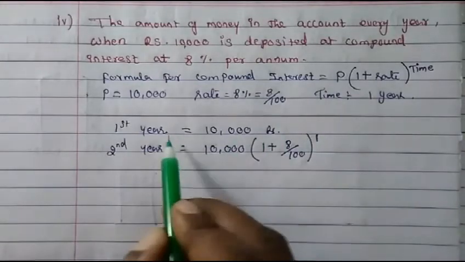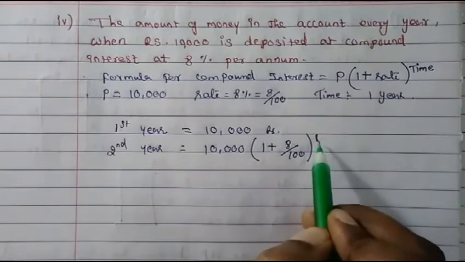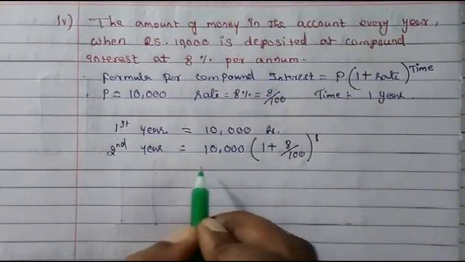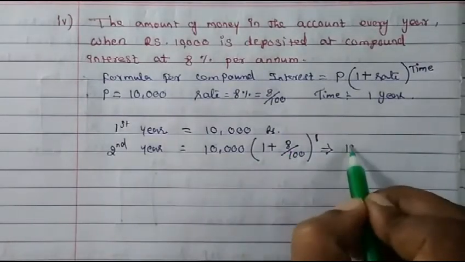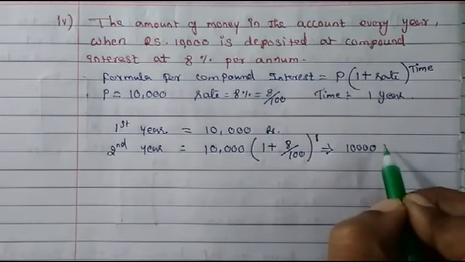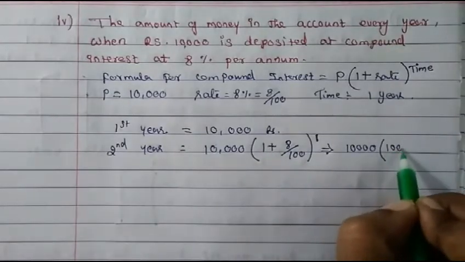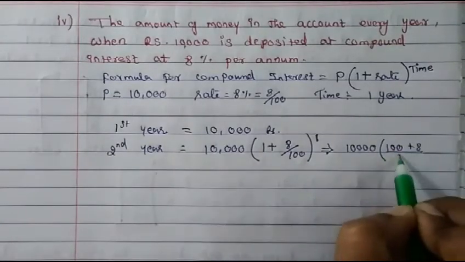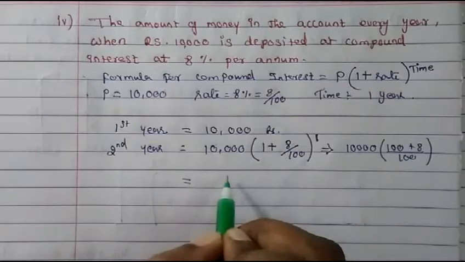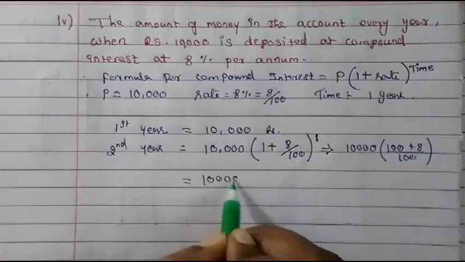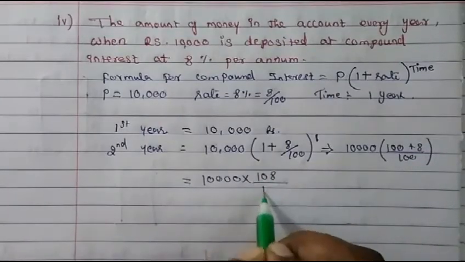So every year it is like this. First year we are depositing, then in the second year the time becomes 1 year, because it is after a year. So if you calculate, we will get 10,000 times 1 plus 8 upon 100, that is 10,000 multiplied by 108 upon 100.